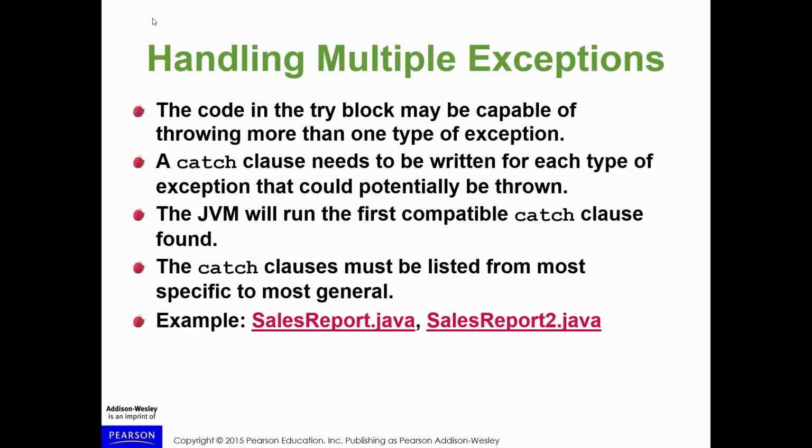It keeps going up what's called the call stack, looking for an exception handler. If it finds one somewhere in the program that can handle it, it handles it. And if it doesn't find one, it'll eventually crash the program because it'll error out.